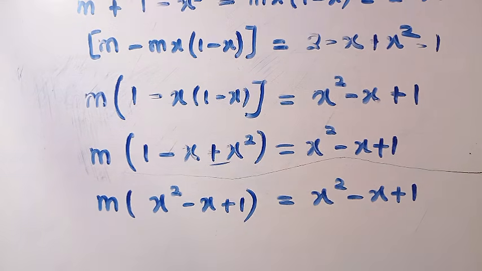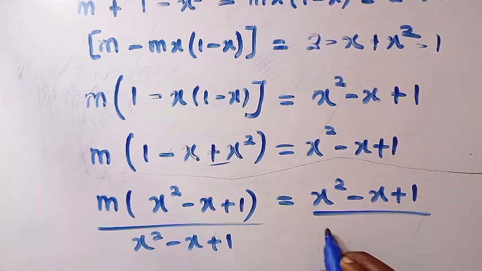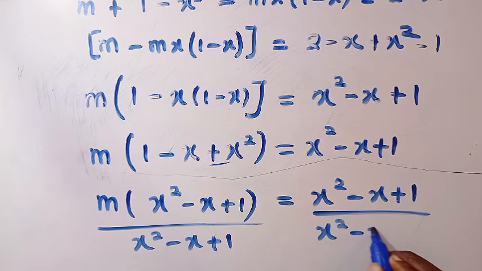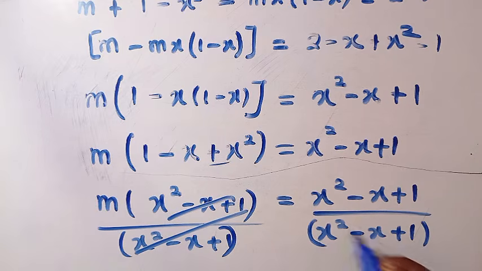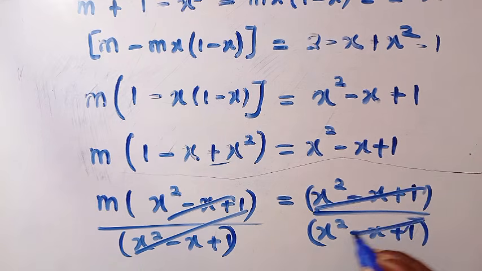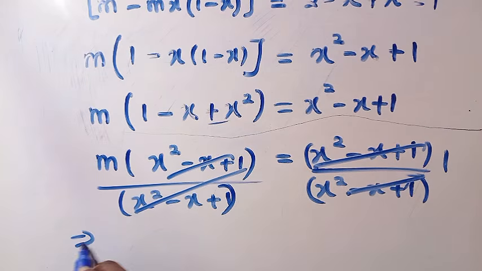If I divide both sides by x squared minus x plus 1, these two cancel, and again these also cancel each other, and we have 1. So this implies that the value of m equals 1. I've gotten m equals 1.